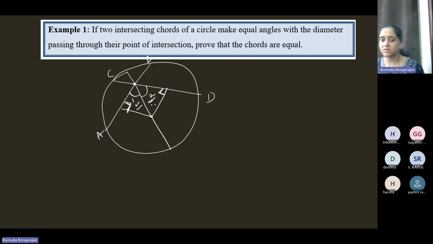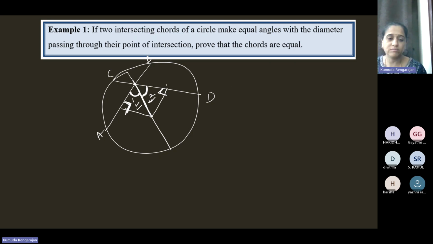Both are right triangles. So how do we show that these two triangles are congruent? Both the triangles are right triangles, so R is 90 degrees. Then this is the common hypotenuse, right? This is the hypotenuse which is common to both the triangles. So H, no, I'm sorry, it cannot be RHS because we only have angle 1 equal to angle 2. So then it will be AAS, two angles and some other side.